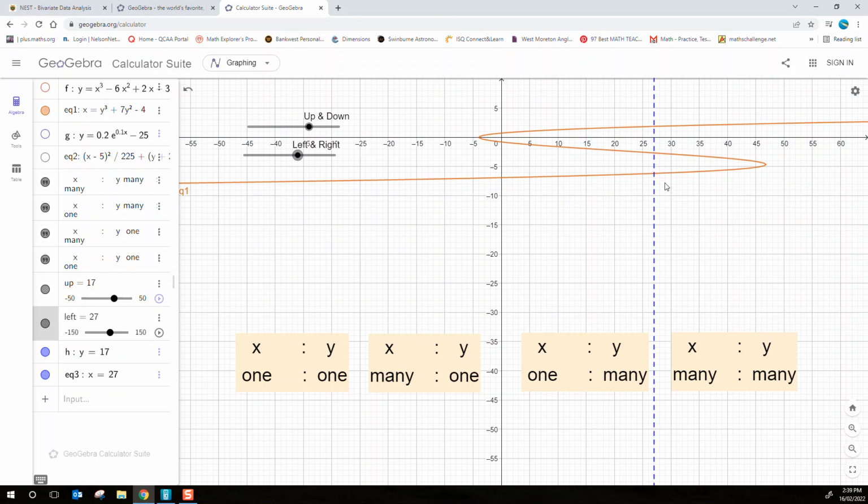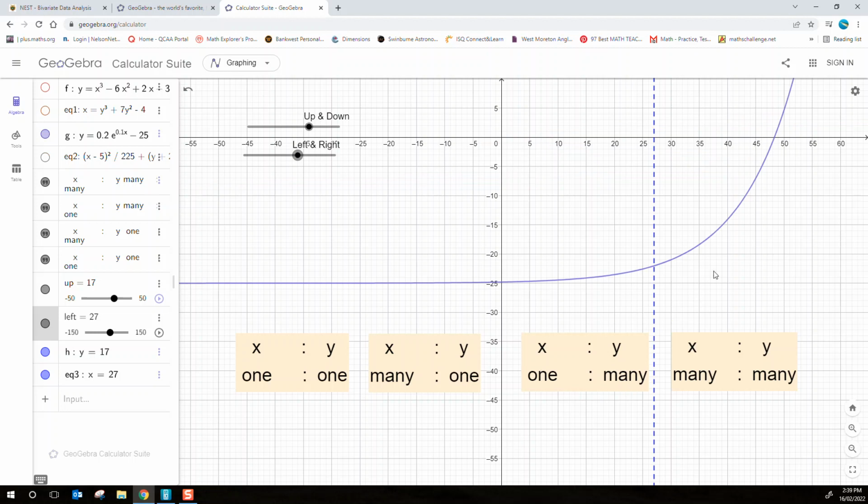It's intersecting many times. So there's many for the y's. This is a one to many relationship. This one is not a function. Functions have to have only a single y value, not many y values. So this is a lovely formula and it's got a lovely graph and it's a one to many relationship, but it's not a function.